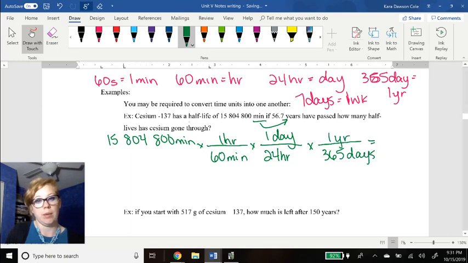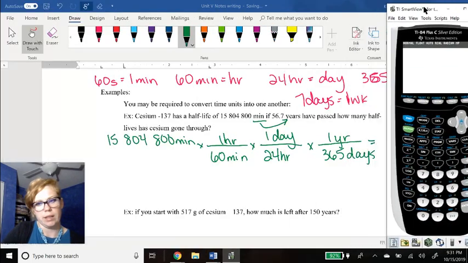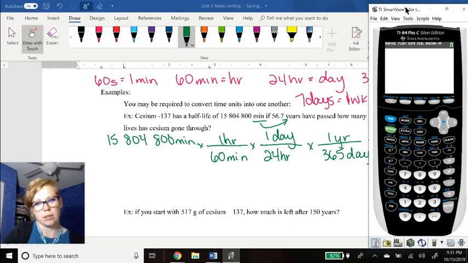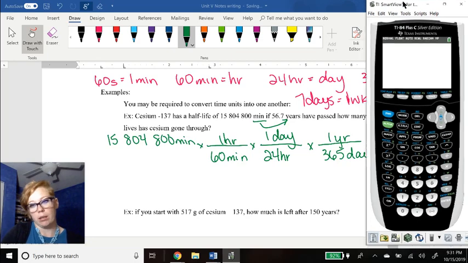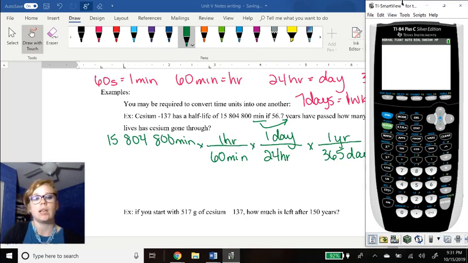That's going to get me out of minutes and into years. Then I can go to my calculator and type all this in. Remember, as in any type of dimensional analysis, anything that's on the bottom, you hit divide by, and anything that's on the top, you multiply by.